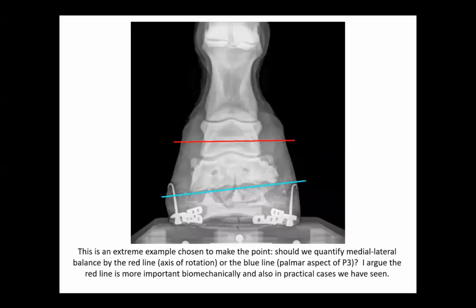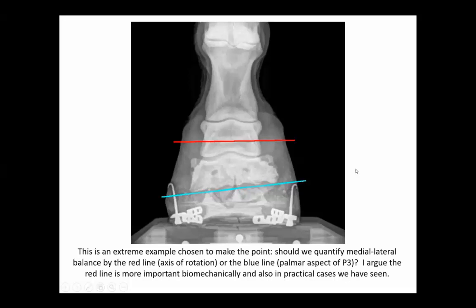This is an extreme case where if we measured the underside of the P3 bone, we have the blue line. But if we could find this red line, which represents the axis of rotation of the coffin joint, they're quite different here. And as a farrier, would you trim the hoof to make the red line parallel to ground or the blue line parallel to ground?